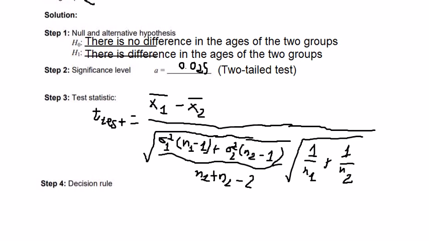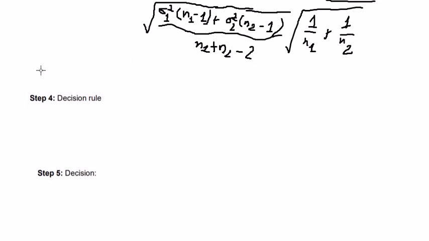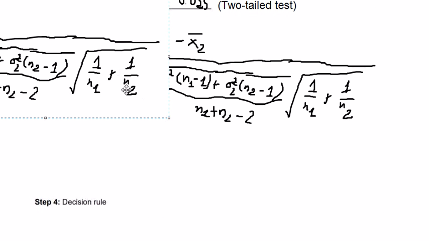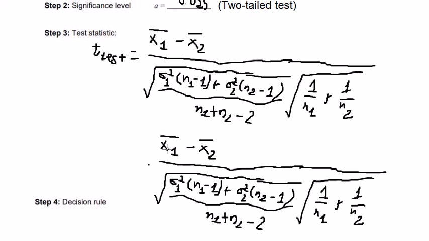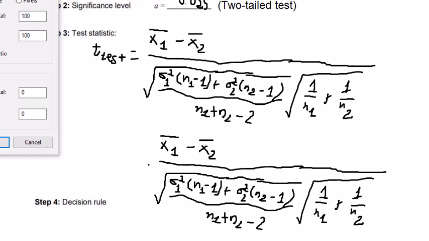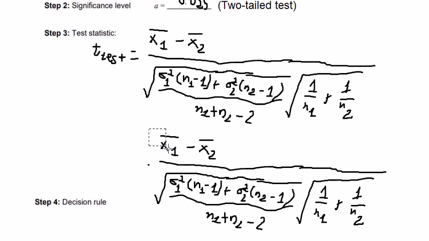So we just input the numbers in here. So x1 bar, that's about 27.3, minus x2 bar, that's about 28.